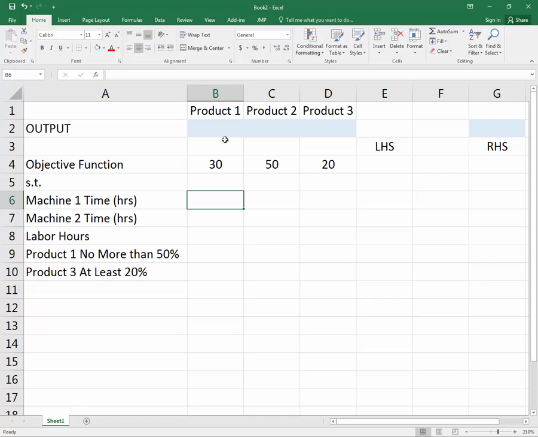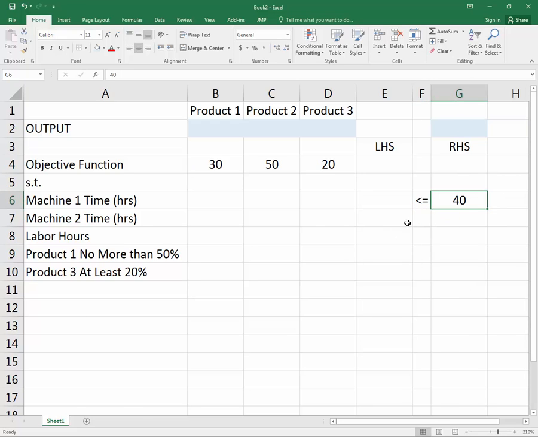So machine 1 time hours, we had a total of 40 hours on that machine, and we want to make sure we stay under it. So I'll put a less than or equal to there to remind us of that. Machine 2 is the same. We had 40 hours of that one as well, need to stay under.